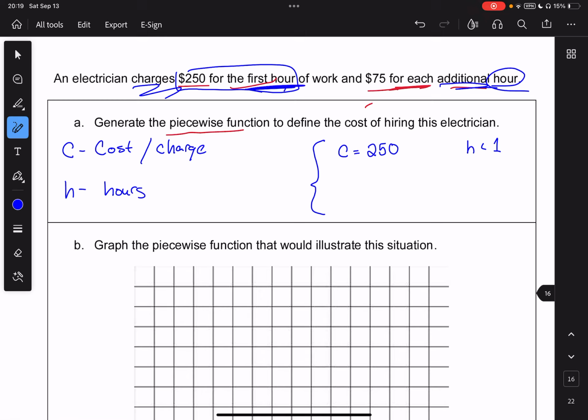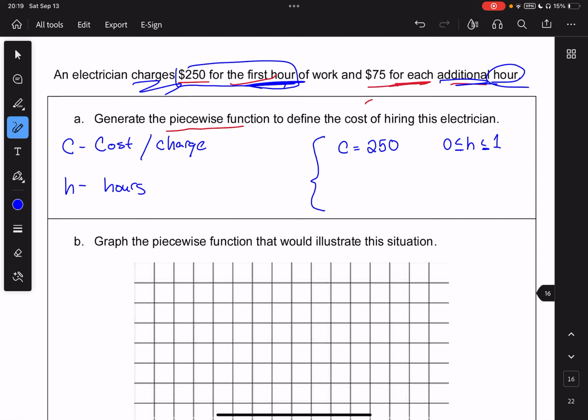Since it's the first hour, it's including the first hour. So if H is 1, it's including that. And this is going to be up until the first hour, so it's all the values from 0 to 1. And we're going to include 0 in this. So it's 0 if it's 0 hours, all the way up until if it's 1 hour.